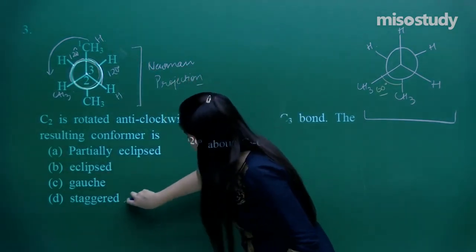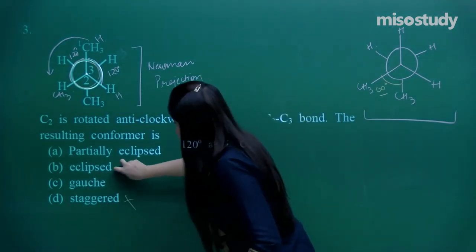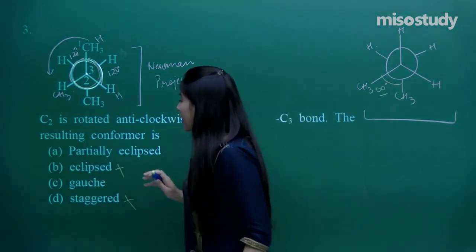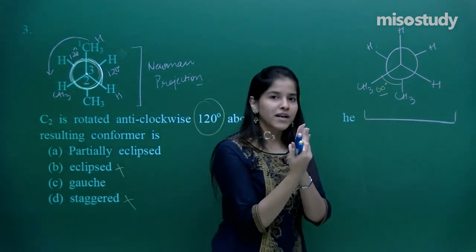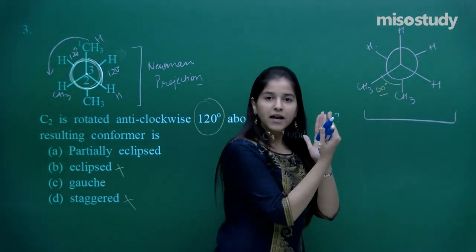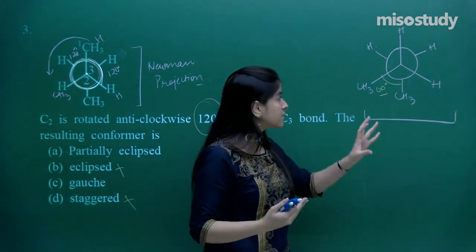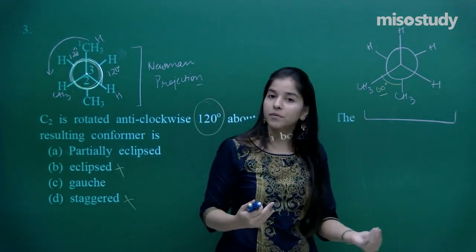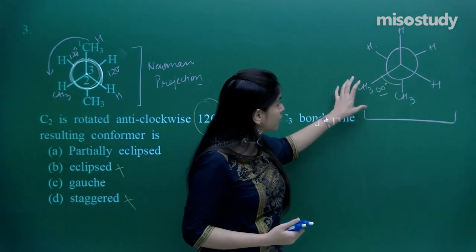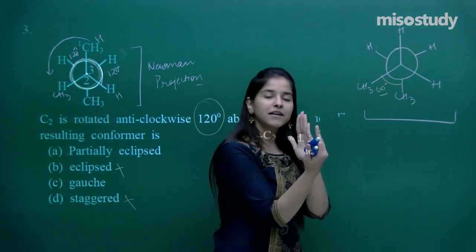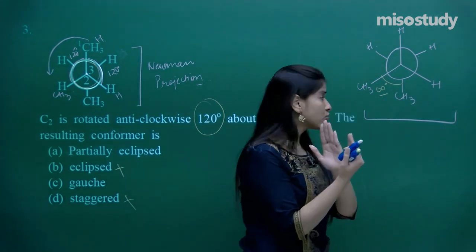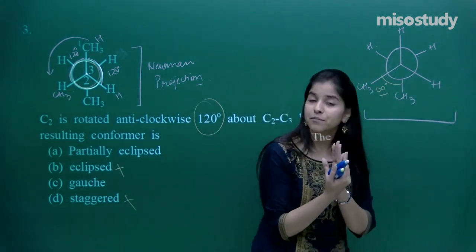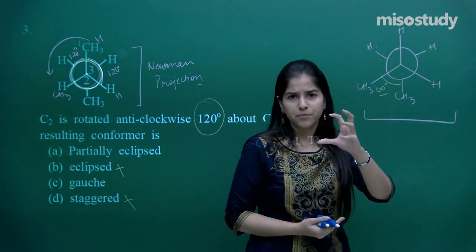So we have eliminated staggered and eclipsed. What is partially eclipsed? Partially eclipsed is also an overlapping or parallel connection, but it would be CH3 lying parallel to H. That means it is not full steric repulsion, but a partial steric repulsion.